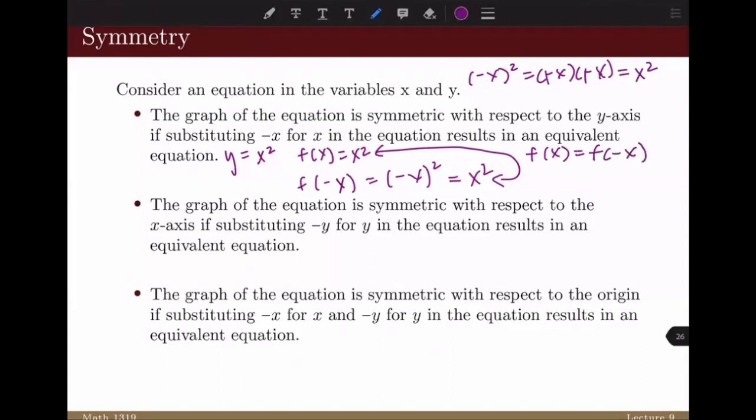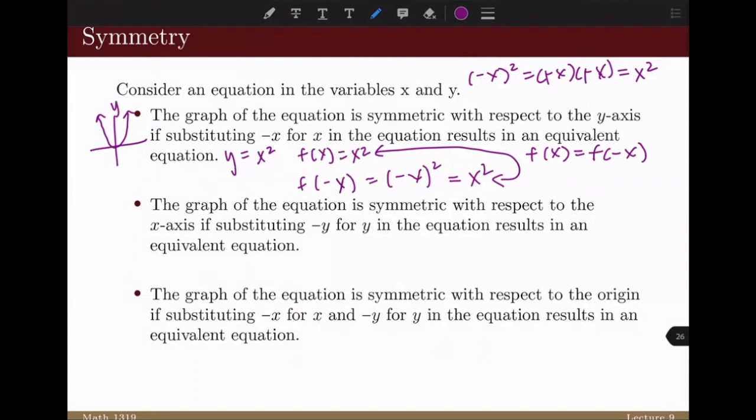So this would be symmetric with respect to the y-axis. We can also see that it's symmetric with respect to the y-axis by observation, because the y-axis almost behaves like a mirror for the two branches of my parabola, right?